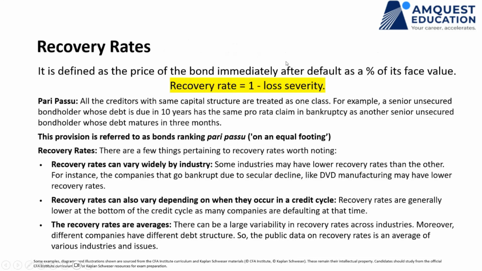Recovery rates, as we said, is 1 minus loss severity. If loss severity is 45%, recovery rate is 55%, which means you've recovered 55% of the money. Now, this is what you might have also seen in a lot of the Indian context. We nowadays have something called the IBC, the Insolvency Bankruptcy Code.